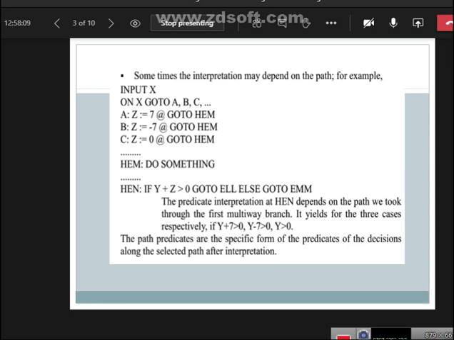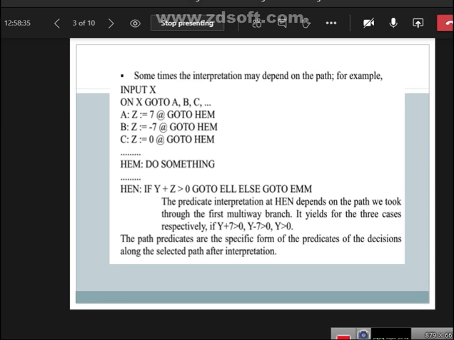It yields three cases respectively: y plus 7 greater than or equal to 0, y minus 7 greater than or equal to 0, and so on, taking multiple branches. So the y value should take the multi-way branch. Why? Because only if it takes the multi-way branch will the condition be satisfied there. Here it yields three cases.